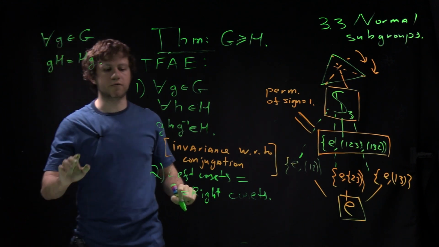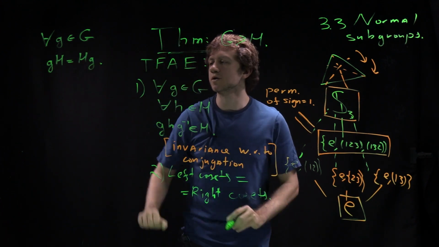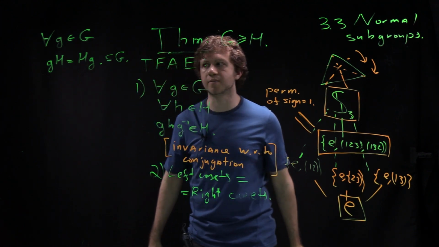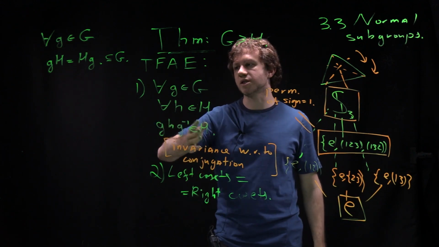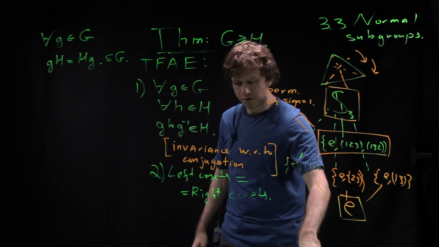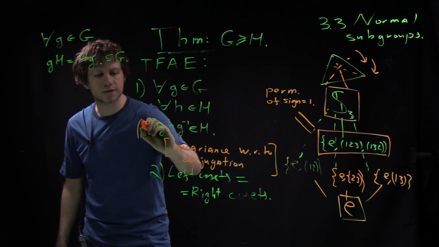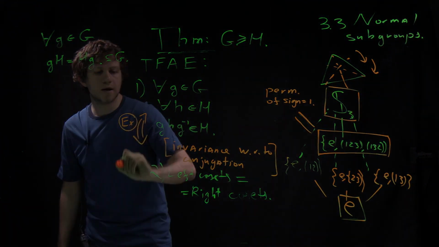Here you should be careful and remember what this means. These are two subsets of G, and they are supposed to coincide, meaning they have the same elements. It's really trivial to see that 1 is equivalent to 2. This equivalence is obvious, it's a very simple exercise, so let me leave it as an exercise.